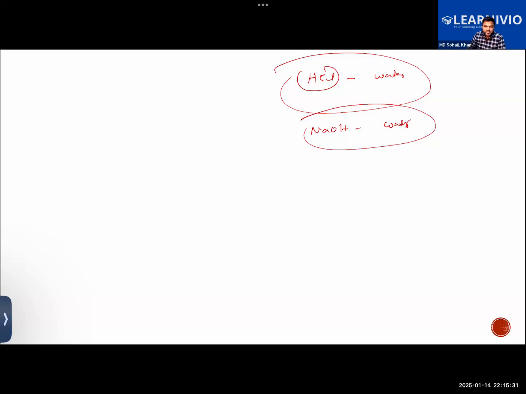Getting it? Or you can prepare the solution of the common salt also, and that will also be a strong electrolyte. So an electrolyte is basically any given substance in its aqueous state that will break up into ions when electricity is passed through it. For example, you have the NaCl solution, basically that is salt solution.